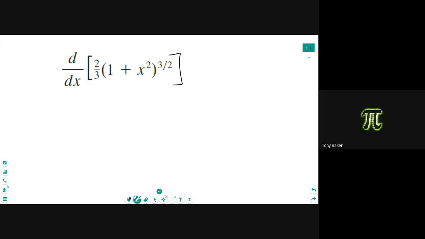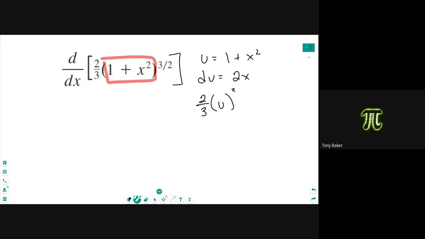All right, how do I do the chain rule? So it's always a question, what's the annoying part, right? The 1 plus x squared, that's the piece inside. So du, it's 2x. So then I've got 2/3 u to the 3 halves.